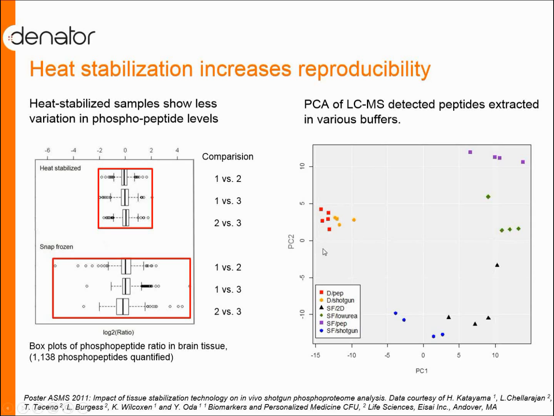If we look at the corresponding snap frozen samples, the SF PEP and the SF shotgun, they are more spread apart within the groups themselves, and the groups are also very different from one another. Our interpretation is that the changes that occur post-sampling, and during homogenization and incubation in this case, have a tendency to change the samples in a certain direction, but there's also a spread within the group.